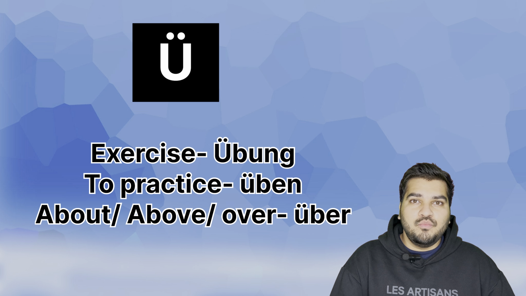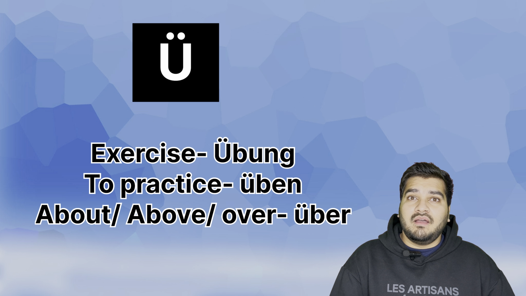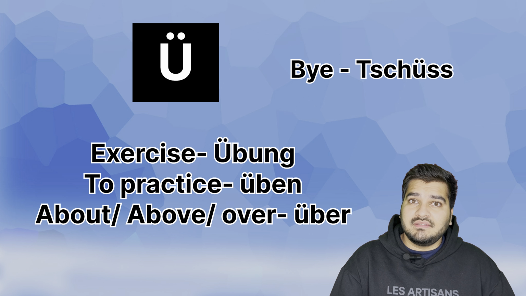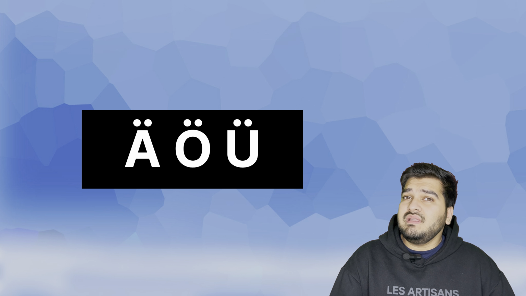Übung, Üben, Über, not Uber, Über. And we learned this word, kaufen, which means buy, and it's kaufen with the umlaut sound in the related word. So these are the only three alphabets on which we can use umlaut. Apart from these three alphabets, we cannot use umlaut on any other alphabet.